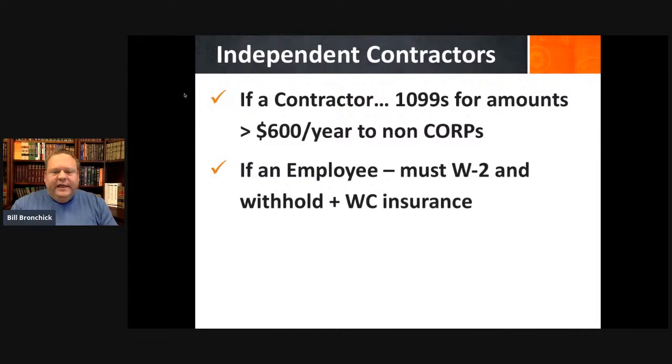If they are an employee, then you must W-2 them, withhold, and carry workers' comp insurance. So on the one hand, you don't want to deal with that nightmare, but you'd rather call them an independent contractor.